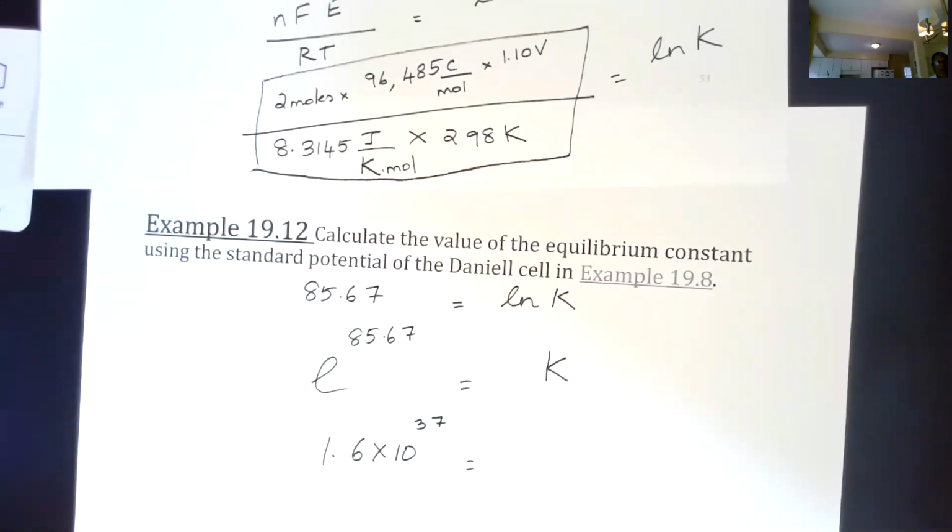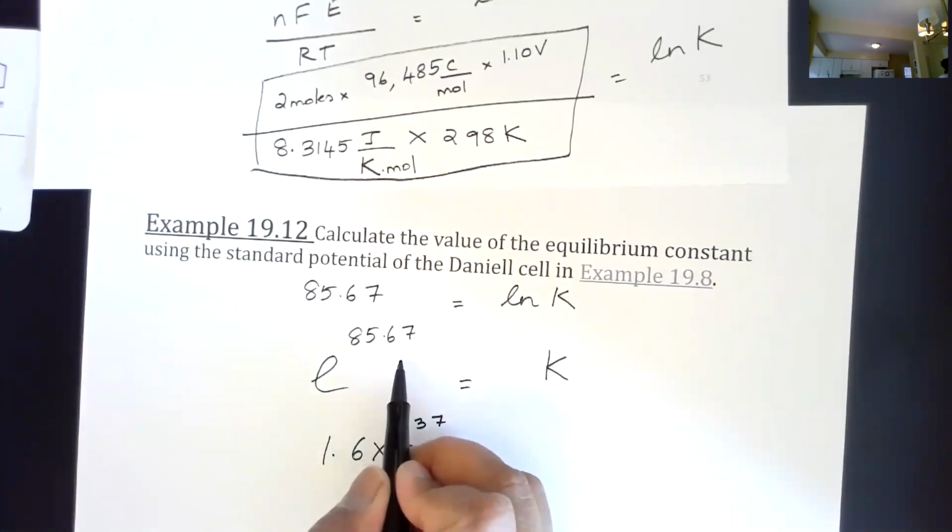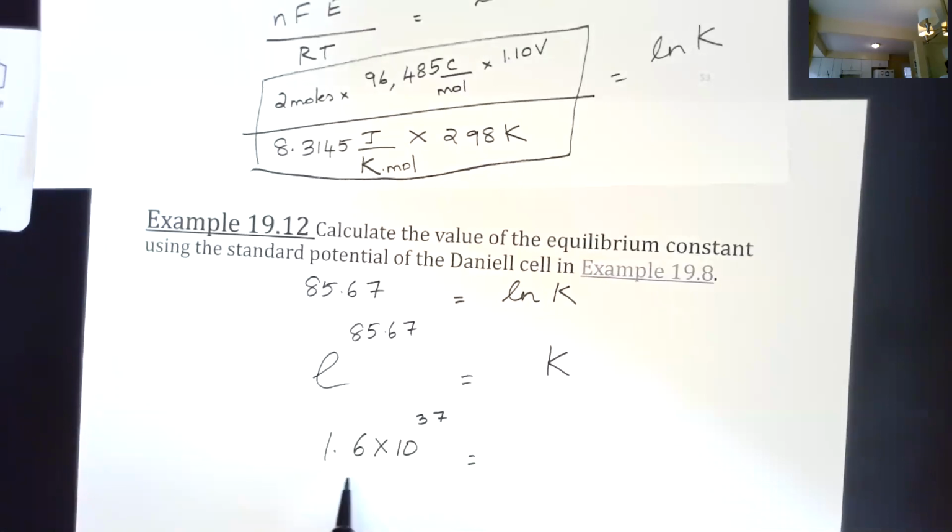Did you get the answer? Did you get something else? Anybody else get a different answer? If you rounded that to 85.7, then you'll get a slightly different answer here.